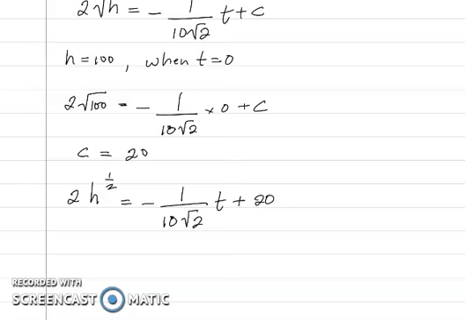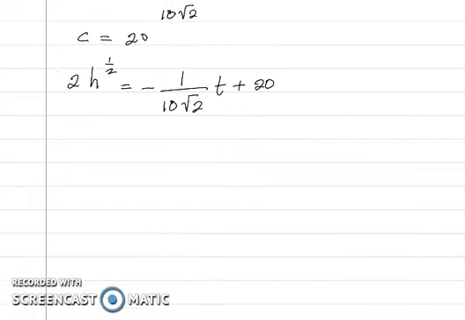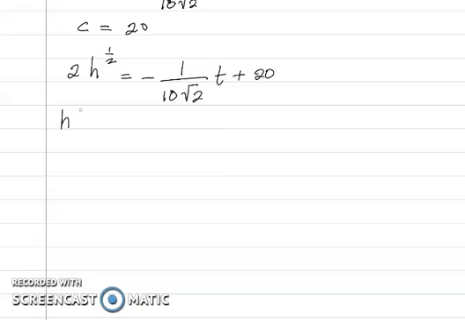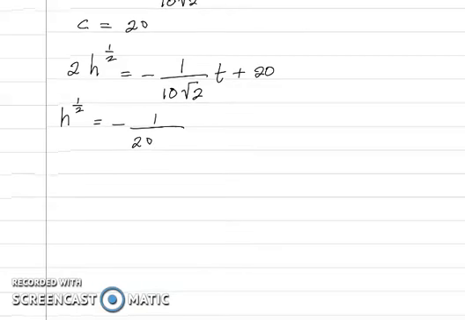If I divide the entire equation by 2, I'm going to get h to the 1/2 power is equal to minus 1 over 20 root 2 t plus 10.